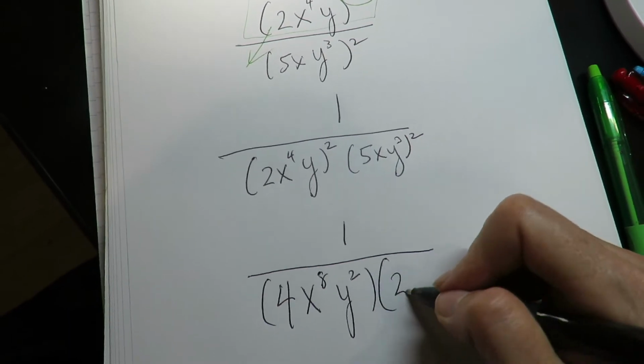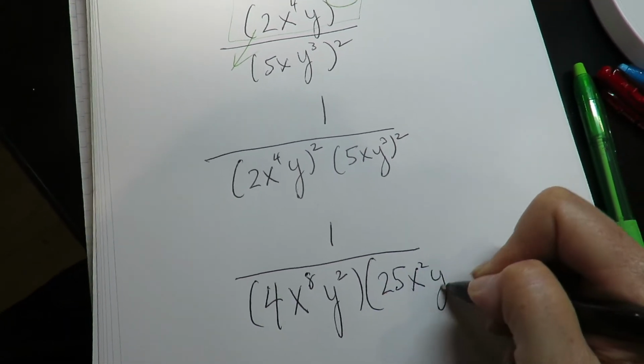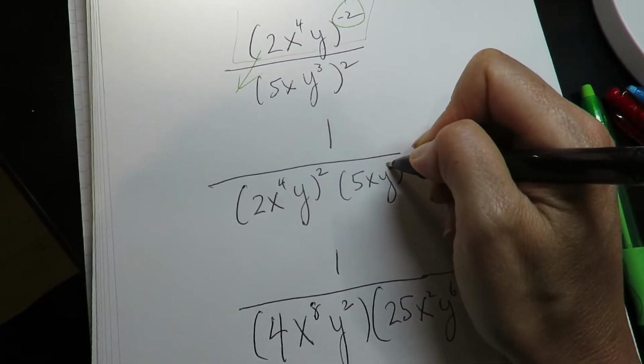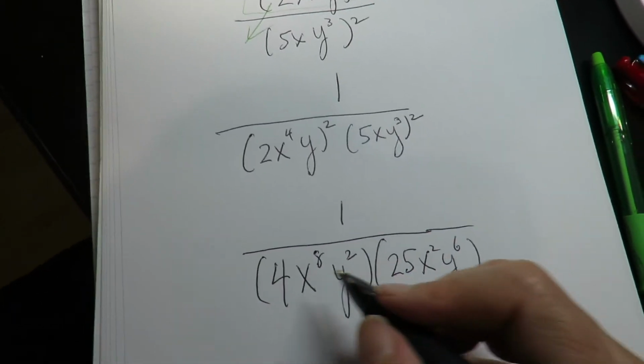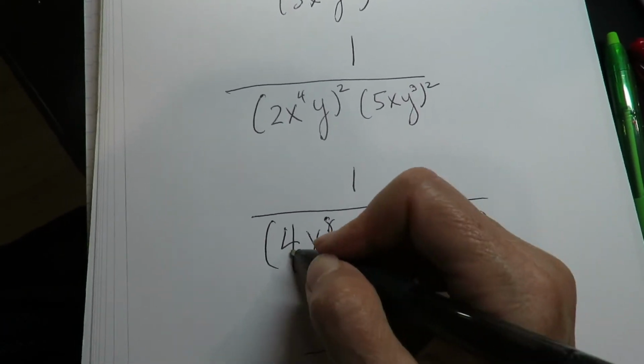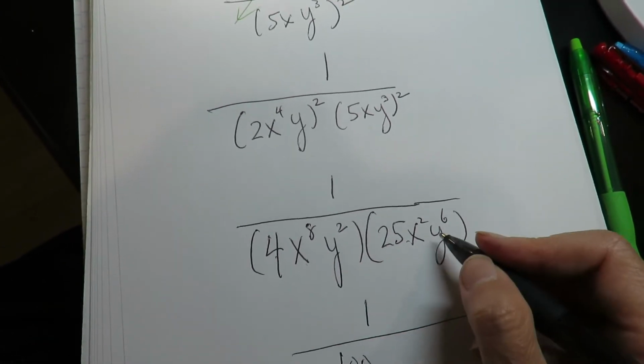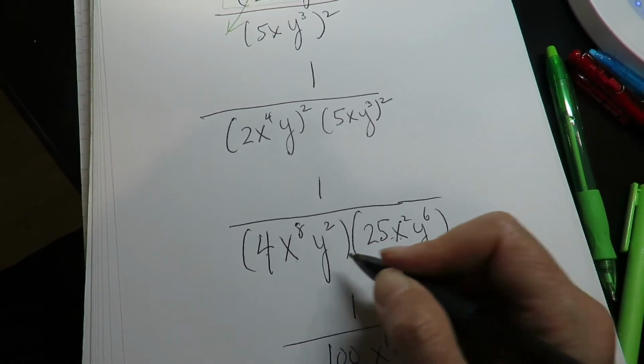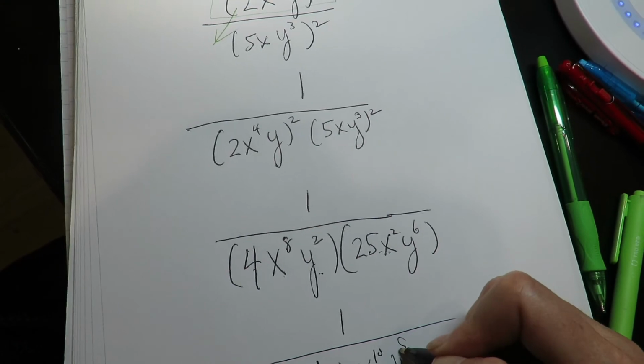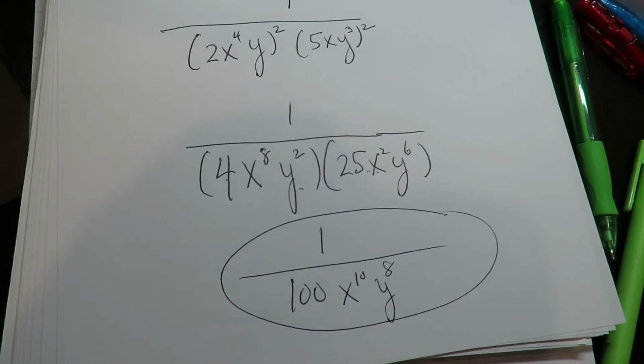Okay, there's a big 5, so it's 25. This is a 3. Alright, now I'm going to finish. So 4 times 25 is 100. I have a total of 10 x's, and I have a total of 8 y's. And that's the final answer.